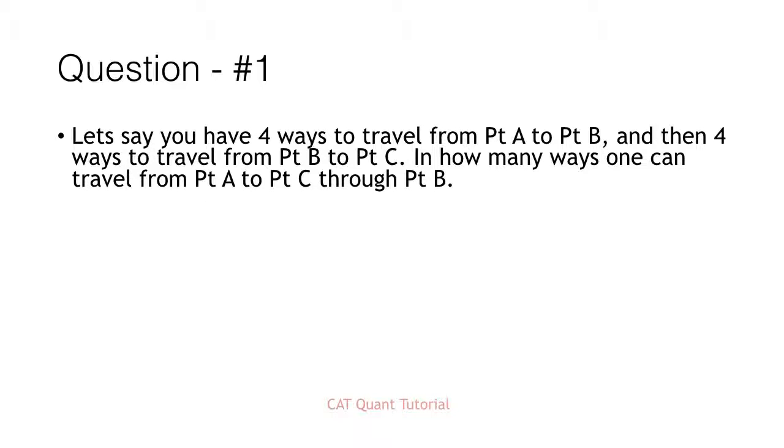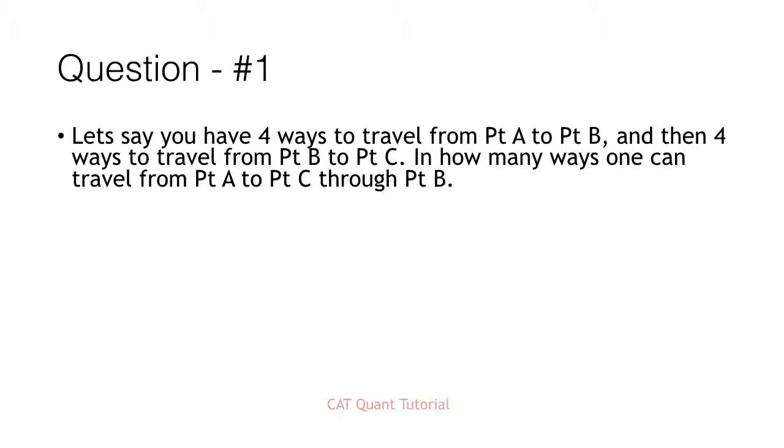Similarly, from point B to point C you have another 4 ways to travel. My question is: in how many ways can one travel from point A to point C through point B?